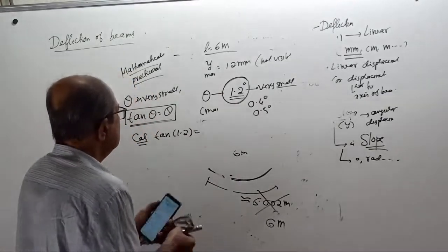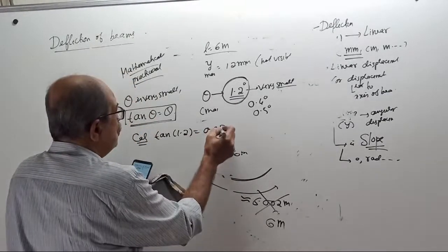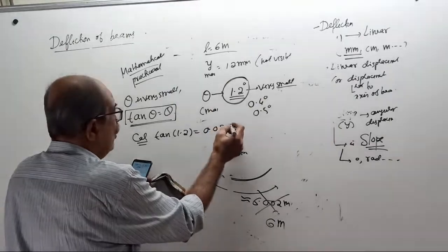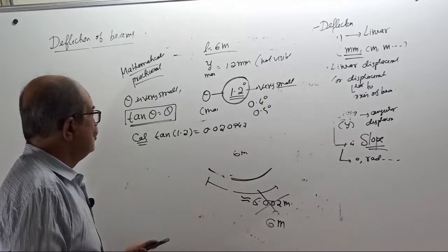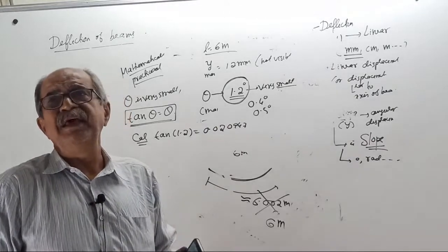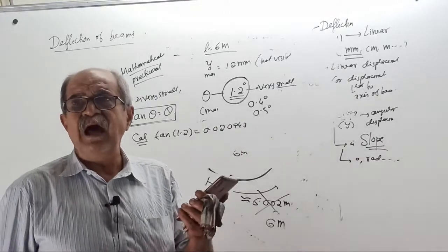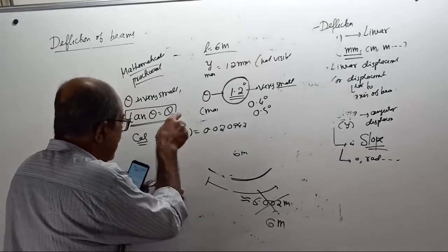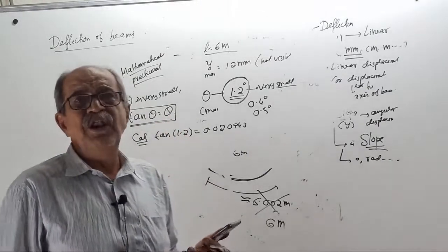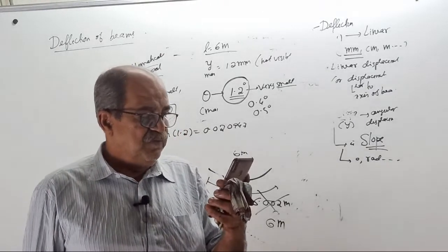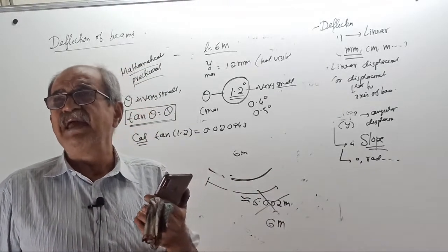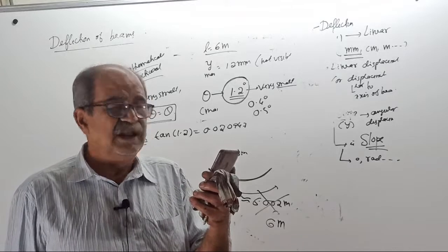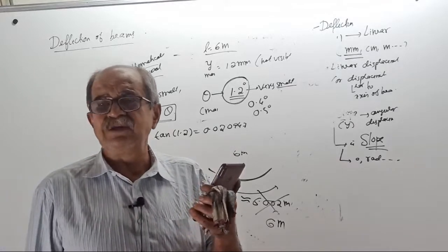Point 0.20947. So therefore, for 1.2 degrees, will tan theta come as theta? Will tan theta come theta only, or is there a full difference?